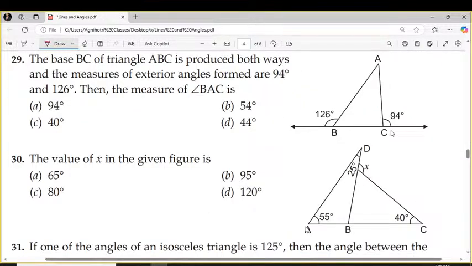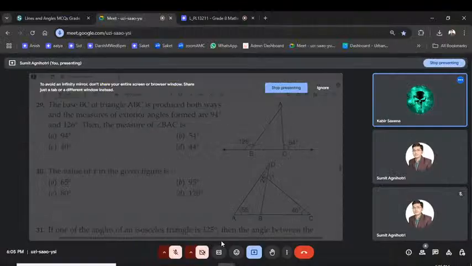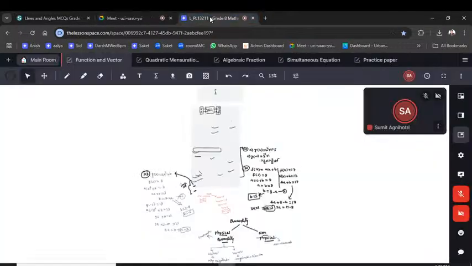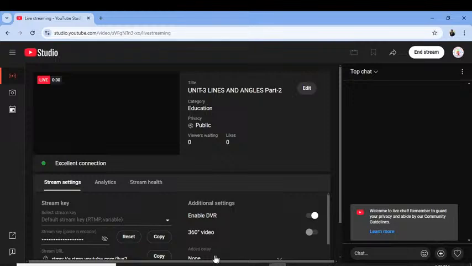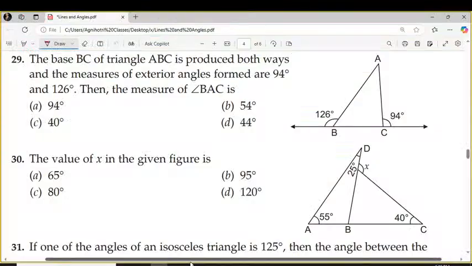Okay, let's answer 29 and 30 quickly. It's so easy, let's do it quickly.